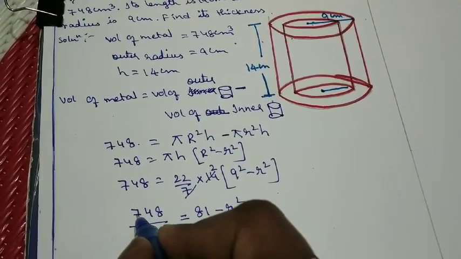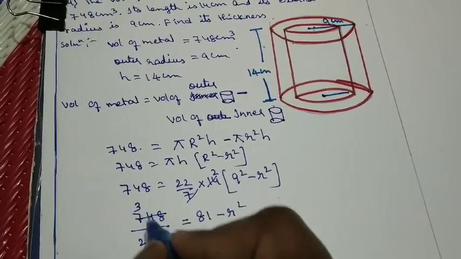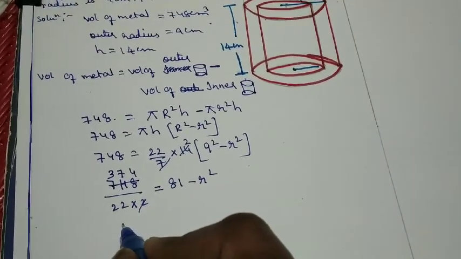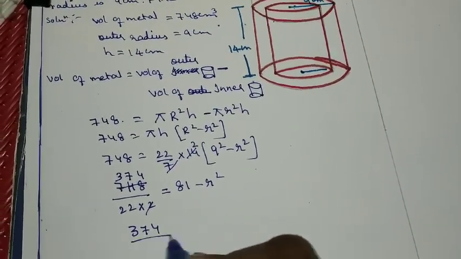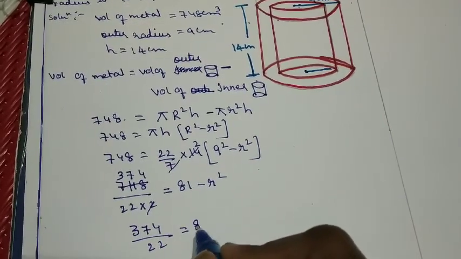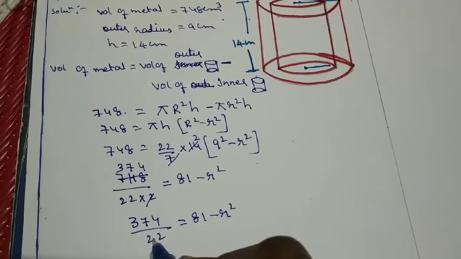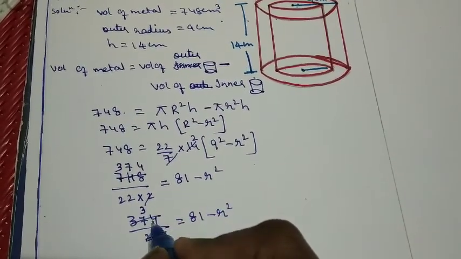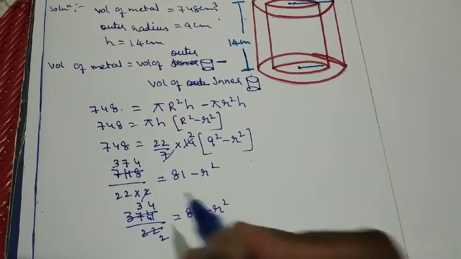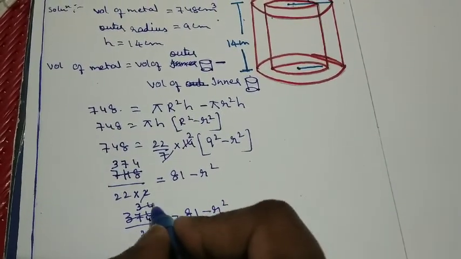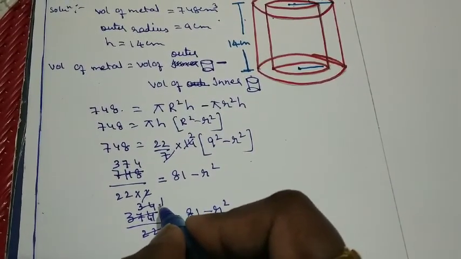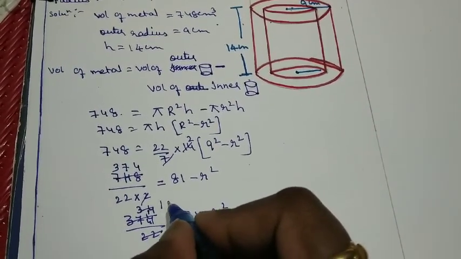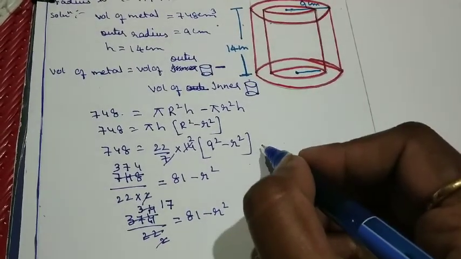Then we'll get 374 by 22 equal to 81 minus r square. Further cancellation: 11 2s 22, 11 3s 33, 4 remains, 11 4s 44, then 2 7s, 17 we will get here.